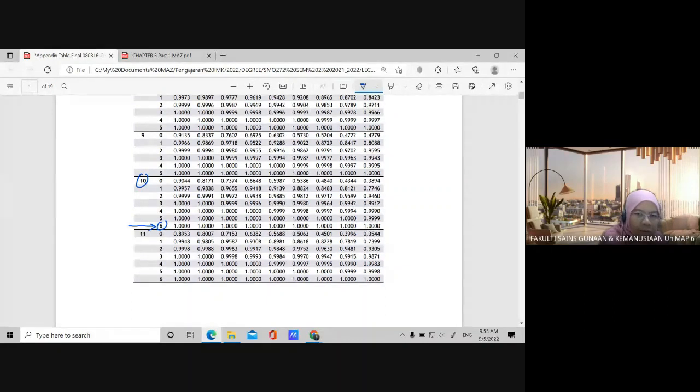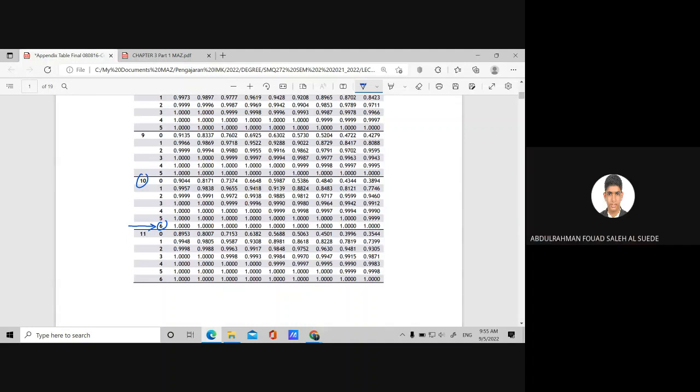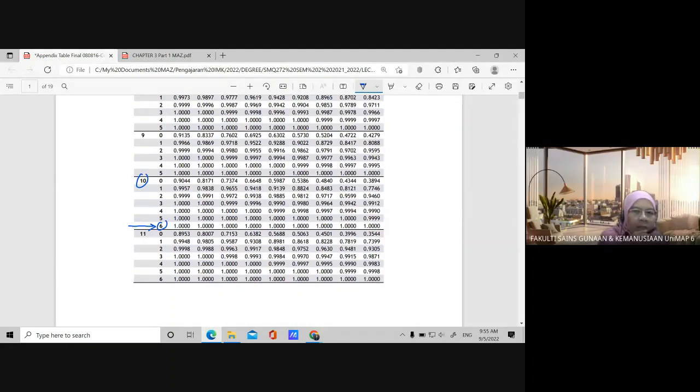So why does it stop at 6? Can someone tell me why? Because 6 is all 1, 7 will be all 1, 8 will be all 1, because the probability for 6 successes already gives you exactly 1 probability value.